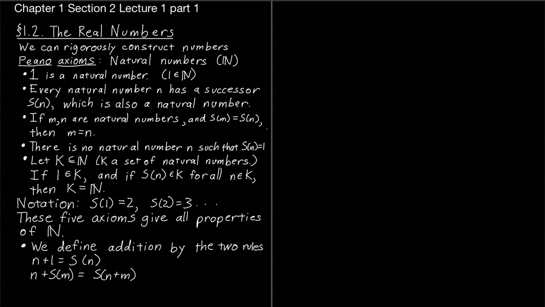And then there's a lot of work which we aren't going to go into, but from these axioms you can prove that everything you want about the natural numbers is true. For example, you can prove that addition is associative.